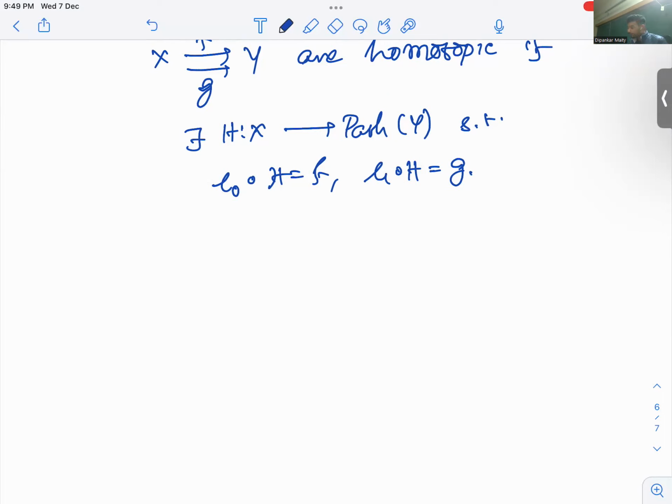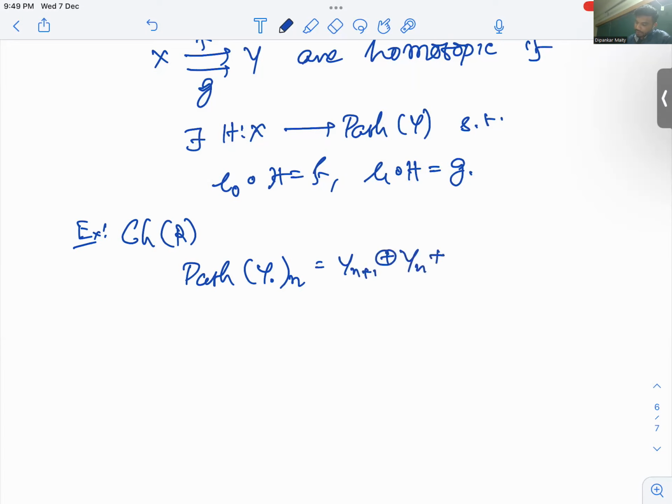But the question is, in the case of topological spaces, you did have an equivalent notion of doing homotopy theory in terms of path spaces. But how about the other examples? For example, the category of chain complexes. Does there exist a path structure? And the answer is yes. If you have a chain complex Y dot, then the path structure at degree n is given by Y_{n+1} direct sum Y_n direct sum Y_n.